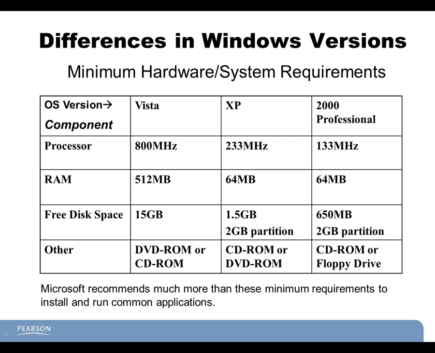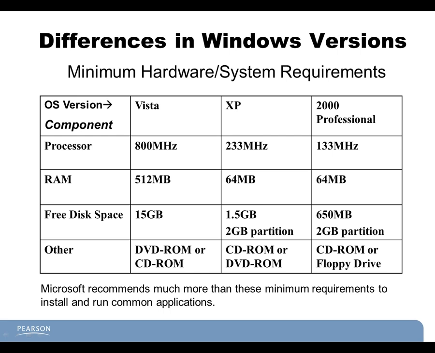So here is a minimum hardware requirement, just so that you can look at the difference between the versions of operating systems. Vista, you need an 800 megahertz processor. XP, a 233. The minimum amount of RAM is 64 megs. I would not try to run it on anything that small.